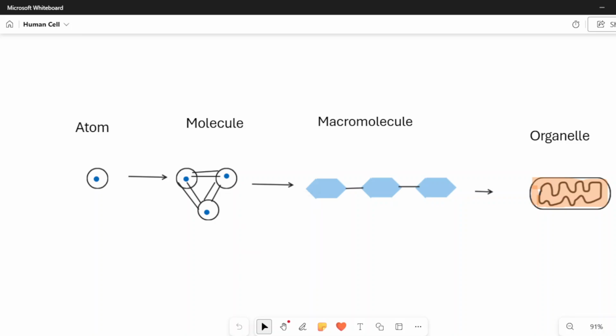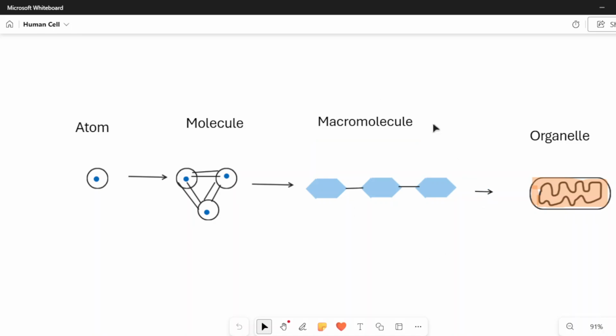From these molecules, what happened was they combined together and formed bigger, complex molecules. Different molecules combined together and formed something called a macromolecule. Examples of macromolecules can be the sugars and proteins present inside your body.